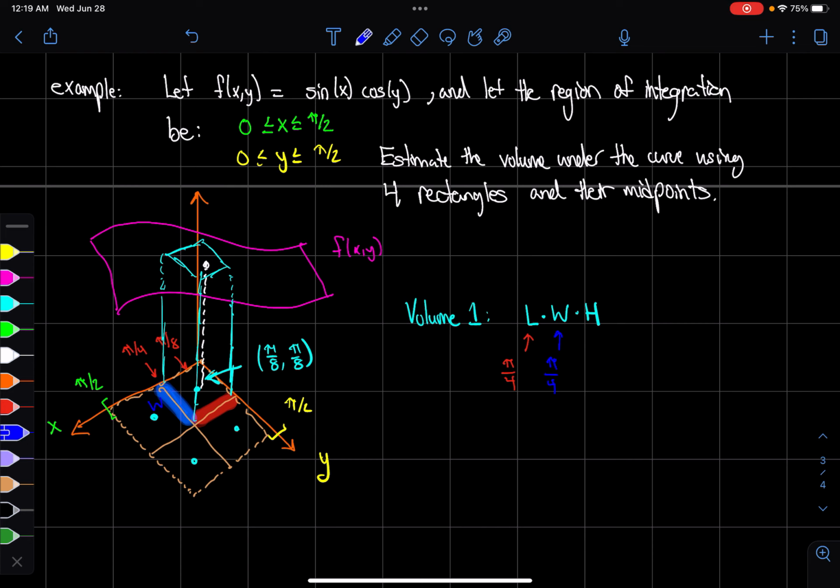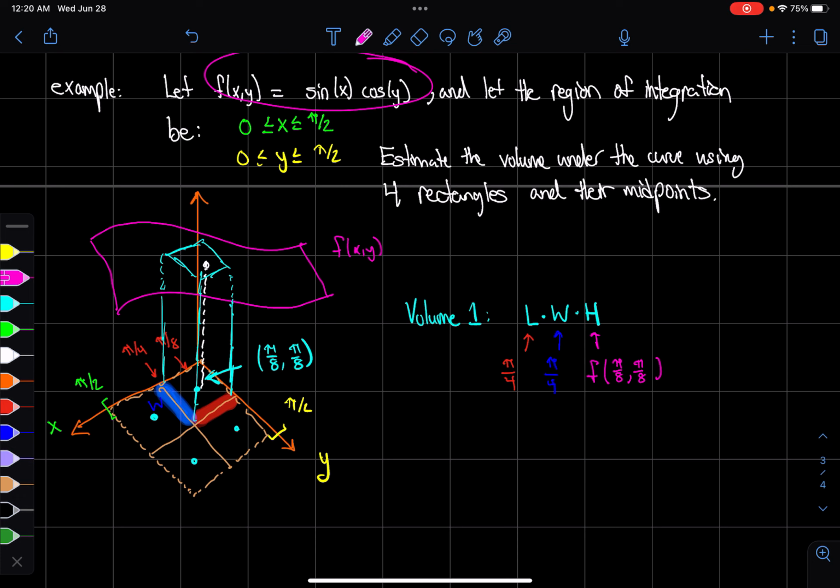Okay, and now the question is, what is the height? Well, the height is simply going to be the value of my function, the z value, but based on that midpoint, pi over 8, like so. And you might be wondering, how do I do that? Well, my function was given to us: sine of x, cosine of y.